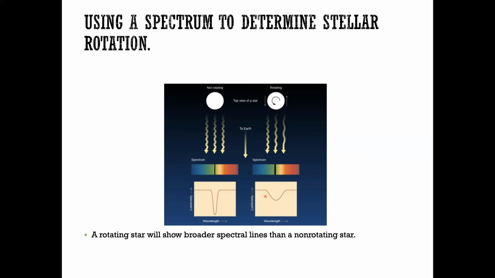And as a result, this dip has become broader from here to here. The width has increased, right? Now this is what we call line broadening. So you can clearly understand that if the rotation speed increases, this will be much broader. This is why you can use this effect called line broadening to get an idea about the rotation speed of a star, right?